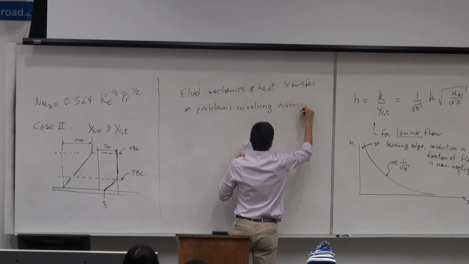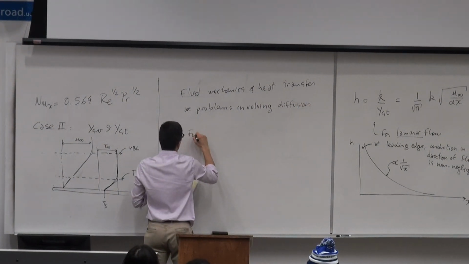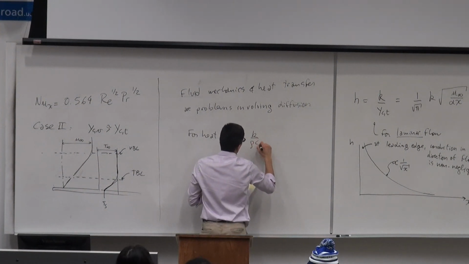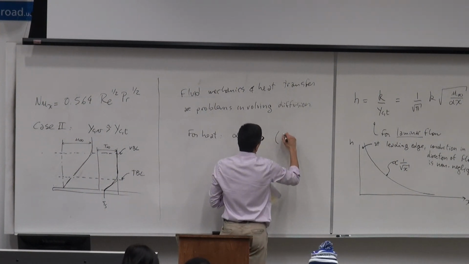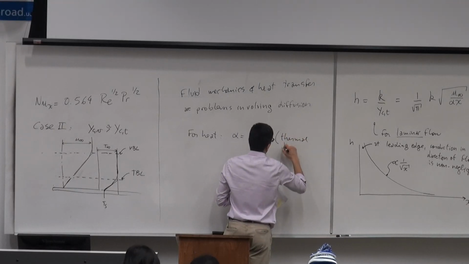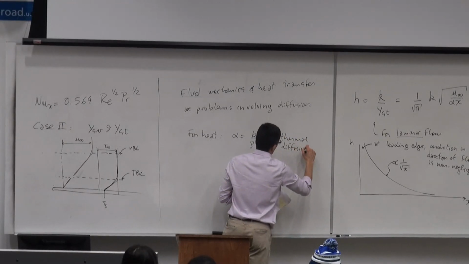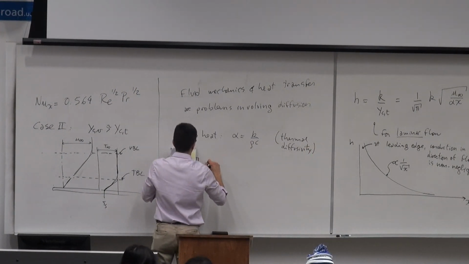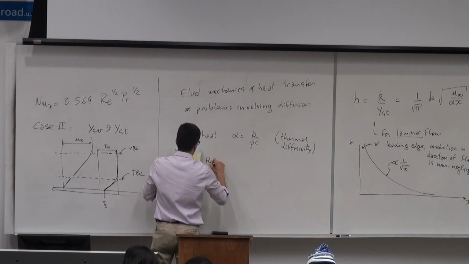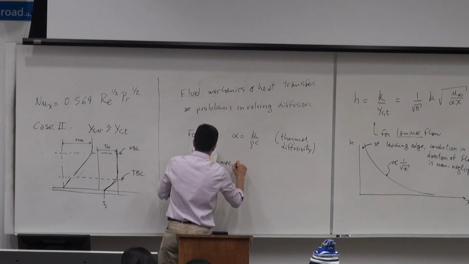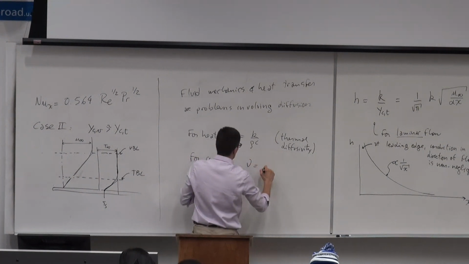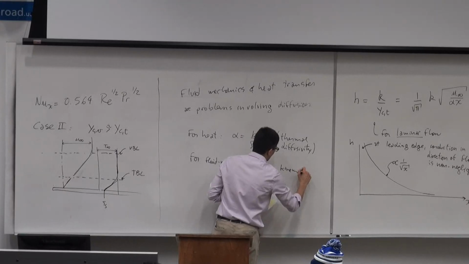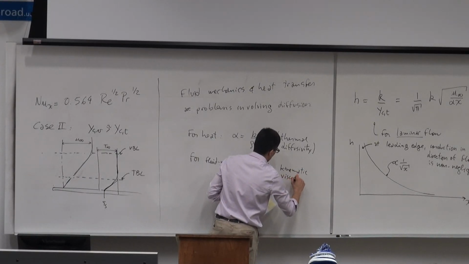diffusion, right? So for heat, we have alpha equals k over rho Cp, and this is thermal diffusivity. For fluid mechanics, we have nu equals mu over rho, and this is called the kinematic viscosity.